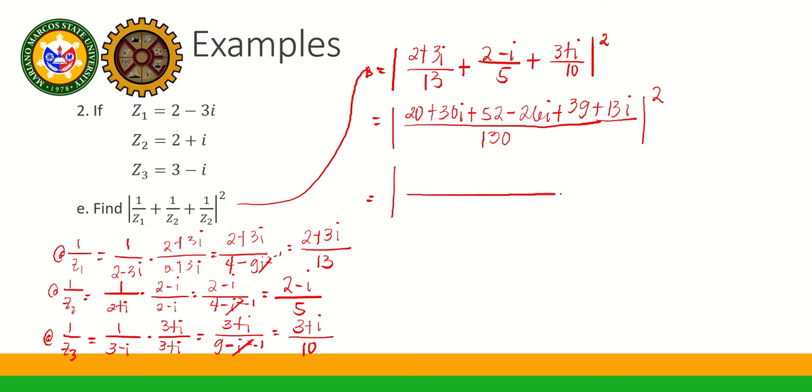Combine like terms. Lahat ng real i-add. So, 20 plus 52 plus 39 is 111. So, 111. And then, 30 minus 26 plus 13. That is positive 17.